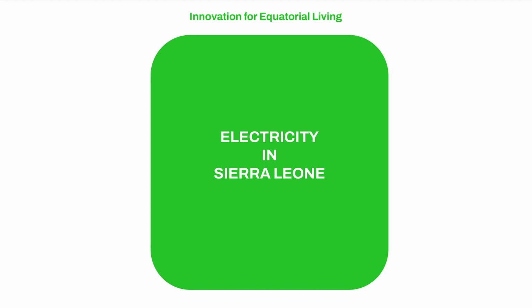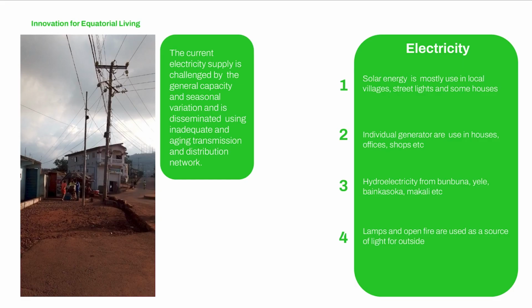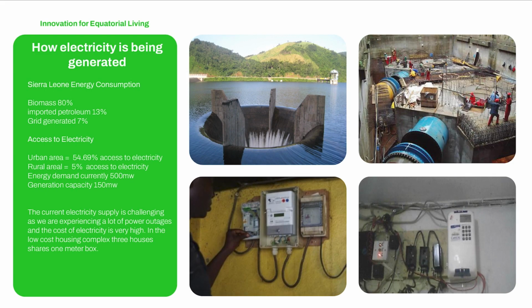Alors, electricity here in Sierra Leone is a very big challenge. Just to give you an idea of our electricity situation, our current energy need for the whole country is about 500 megawatts, and all the generating sources put together can only generate about 150 megawatts.